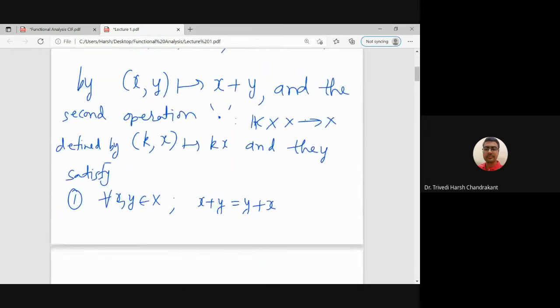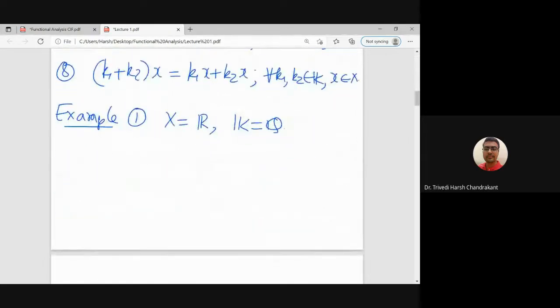But if you take K equals Q, then this is a field which is not complete, so Cauchy sequences do not always converge. In functional analysis, we will be discussing Banach spaces, in which every Cauchy sequence converges. So that is a complete normed linear space. Therefore, one of the reasons is that we will not take examples which have K equals Q.